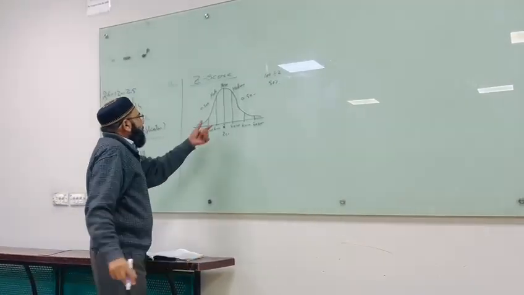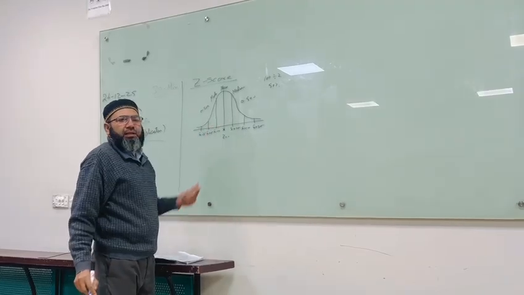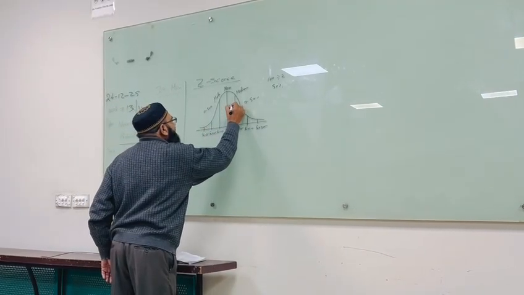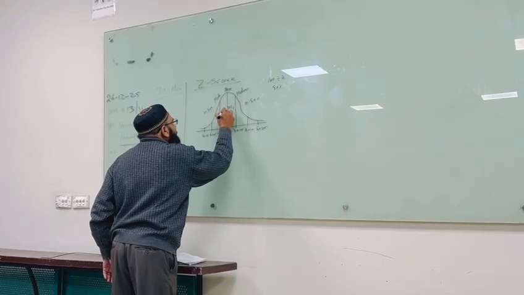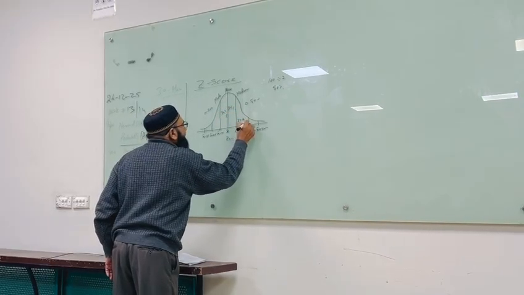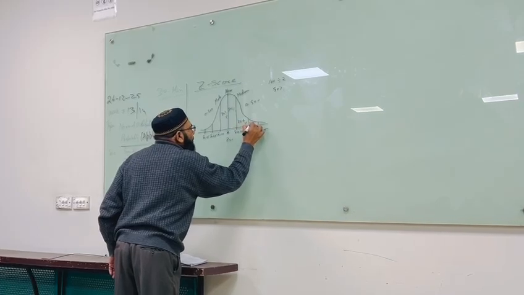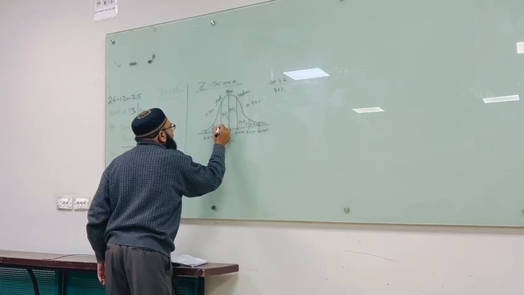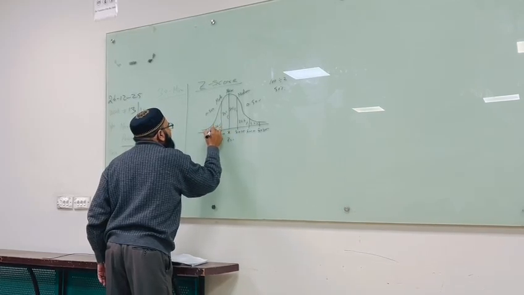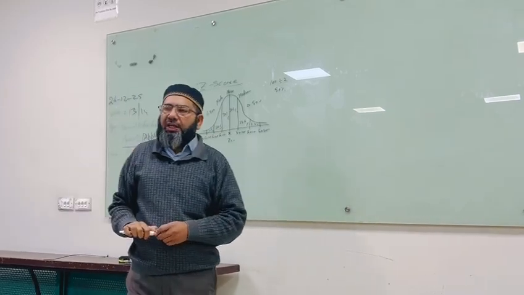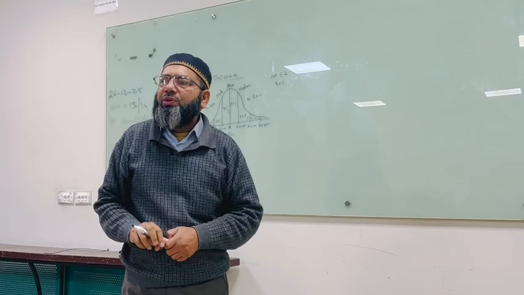So what is the probability of the area up to this line? Here it is 34.1% on both sides. Then it is 13.6%, then 2.2% here. And it is 13.6%, 2.2%. So altogether it becomes almost 100, that is 1 equal to 1.